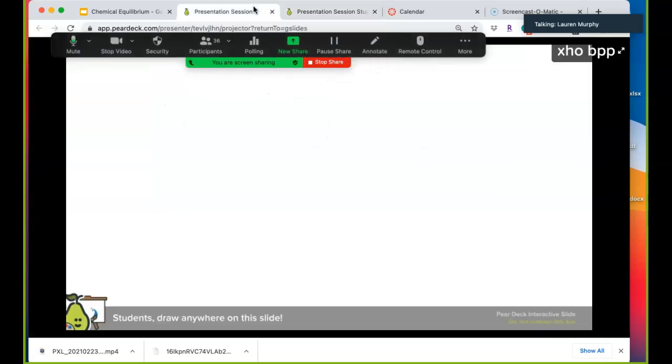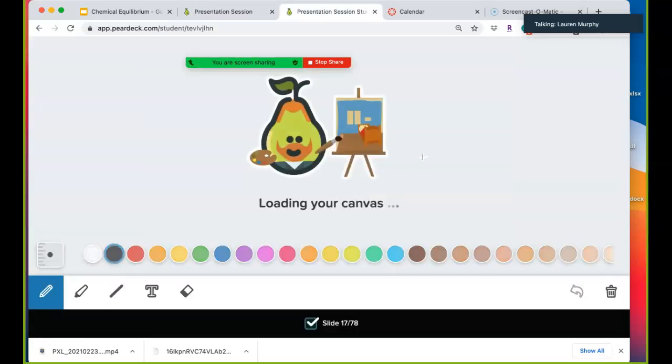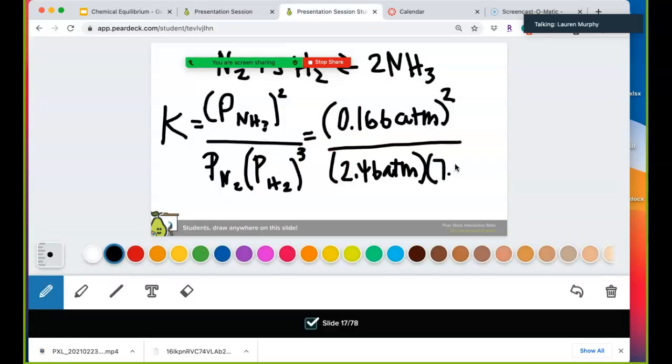Pressure of hydrogen was 7.38 atmospheres. Now you've got to cube this number. So I highly recommend practicing this in your calculator because you have squares and cubes and division. So it's really easy to make a mistake in the calculator.